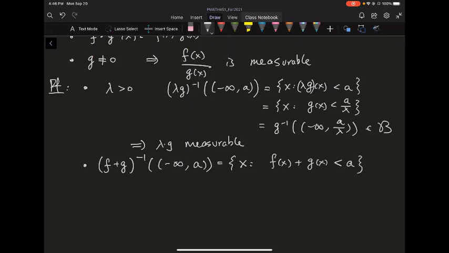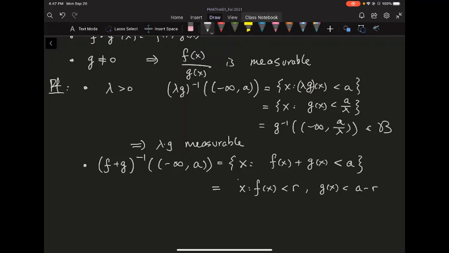If you think about how a sum can be less than a, you can divide them up. Where is f? Well, f may be less than some number, let's say r here. Then if f is less than r, then g has to be less than a minus r.